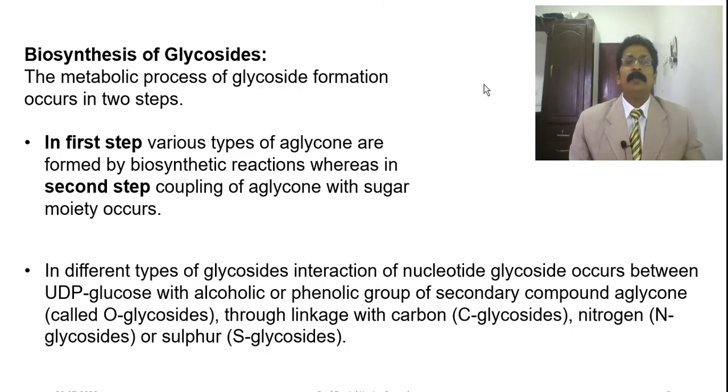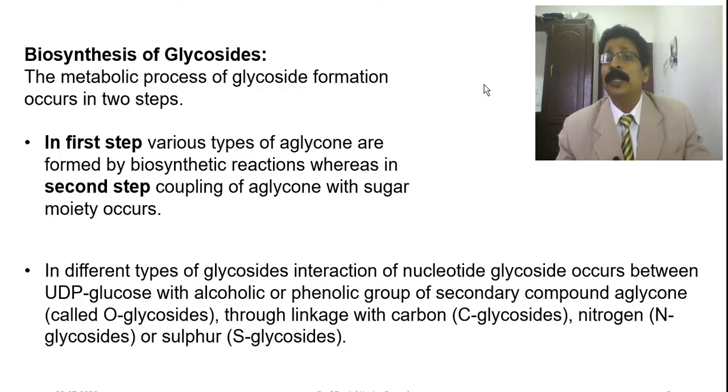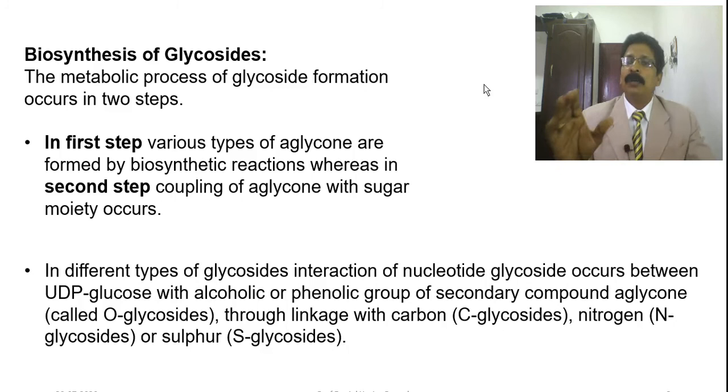In the first step, various types of aglycone are formed by biosynthetic reaction, whereas in the second step, coupling of aglycone with sugar moiety occurs. So at this junction, students should know their basic knowledge about the glycoside.